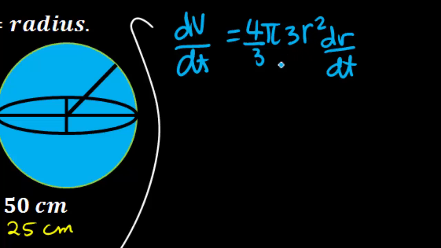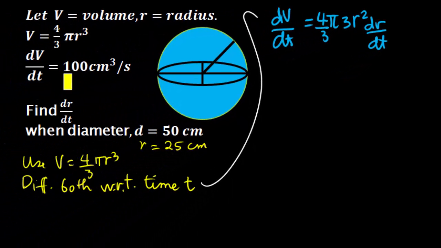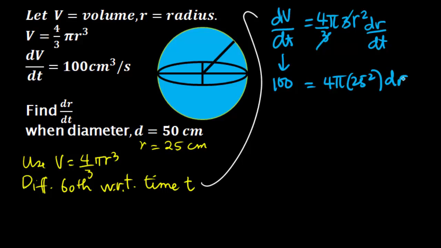So now, after we've differentiated, it's time to substitute the given. So we substitute dV equal to 100 here, and then r equal to 25 right there. So this becomes 100 cubic centimeters equal to 4 pi, multiplied by 25 squared, dr by dt.